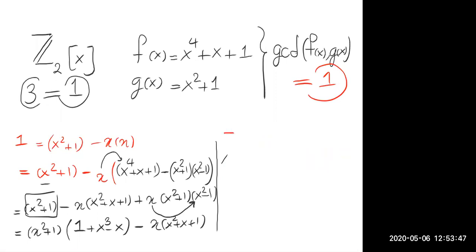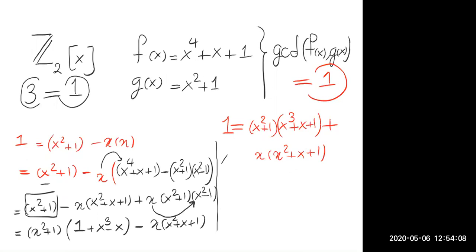If you look at what we have here, 1 is equal to x squared plus 1 times x cubed minus x, which is the same as plus x plus 1, minus again, which in Z2 is the same as plus x times x squared plus x plus 1, right?